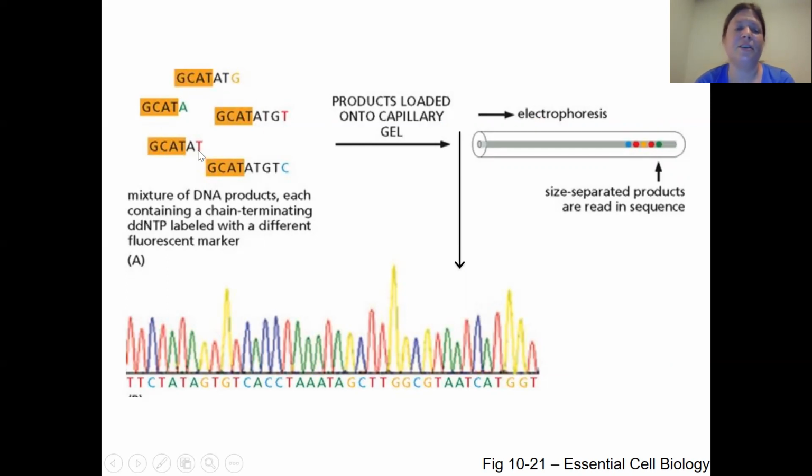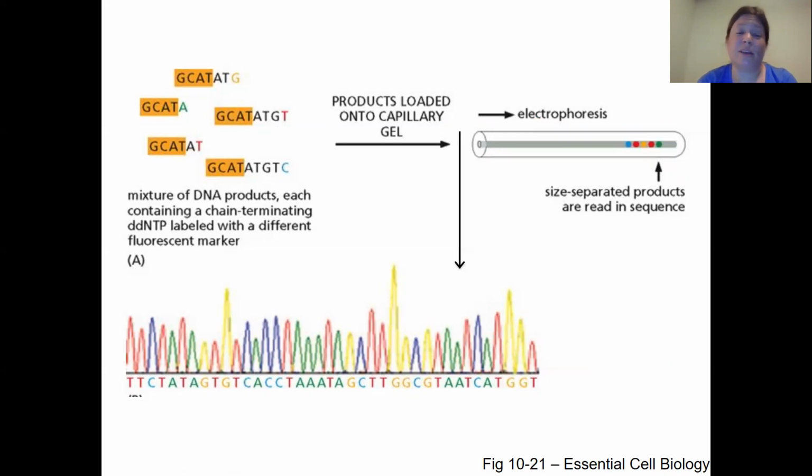Then at the next position, small chance of incorporating a terminator, larger chance of incorporating a regular nucleotide and continuing, etc. So we're going to make, hopefully, the full range of possible sizes, ranging up to about 850 to 900 nucleotides long.